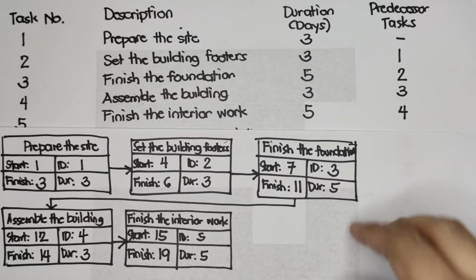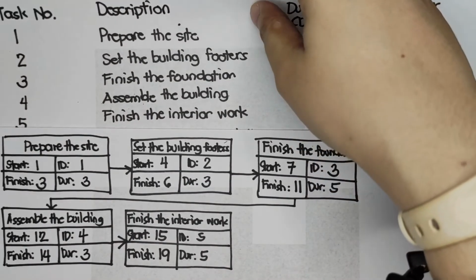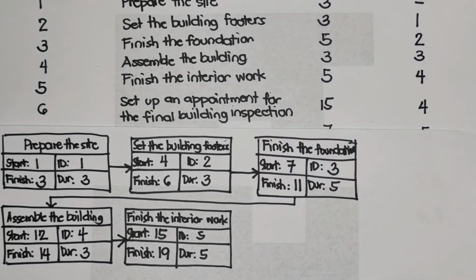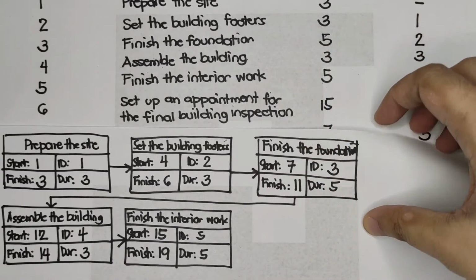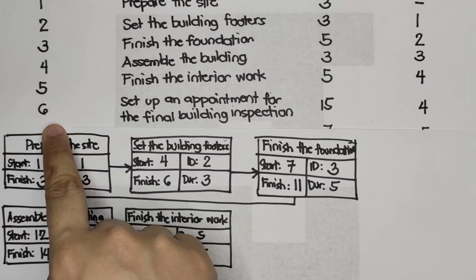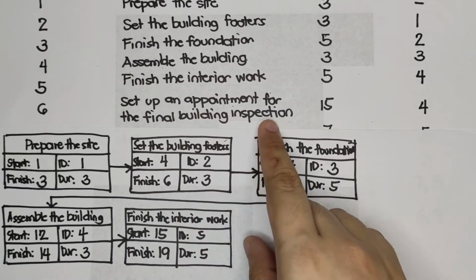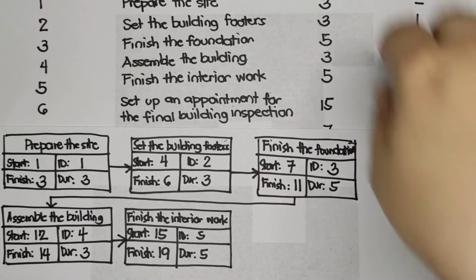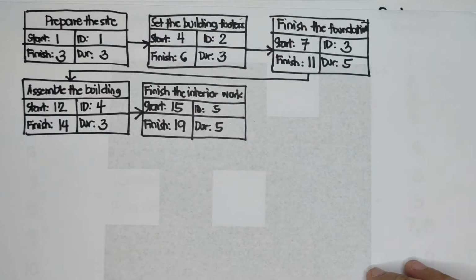Okay, next we have task number 6. Task number 6 is set up an appointment for the final building inspection. Duration is 15 and predecessor is 4.